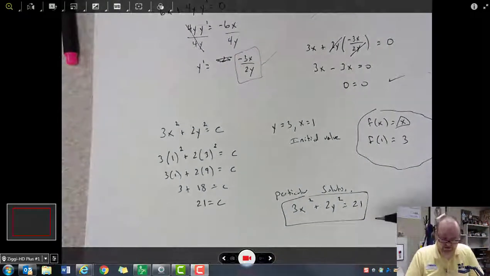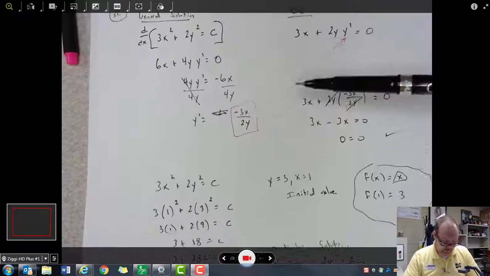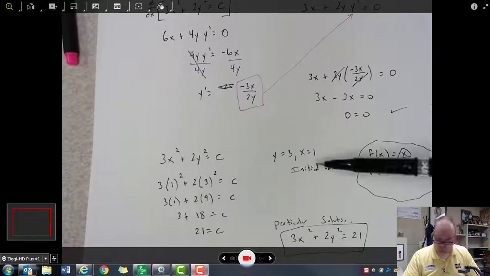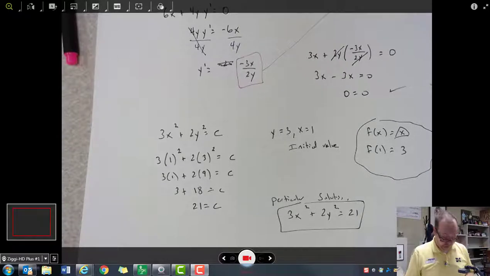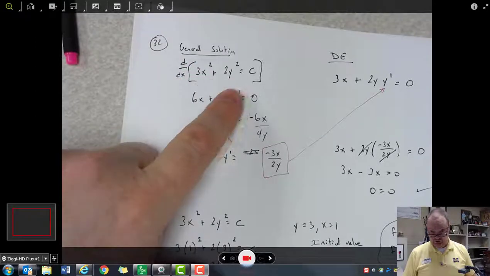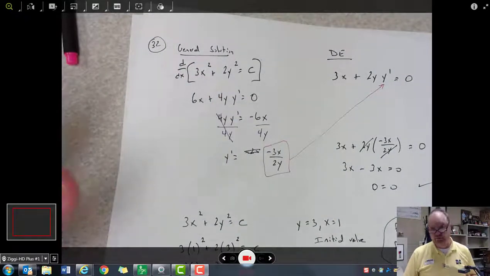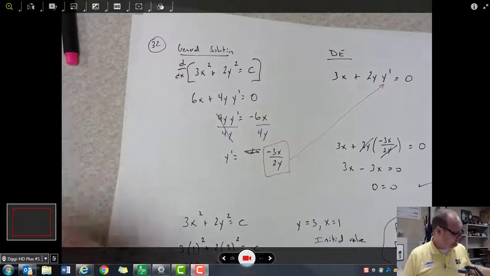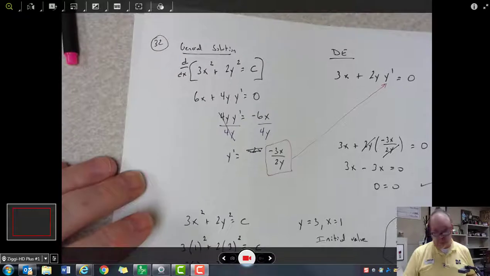Not only does that satisfy the original differential equation way back up here, but when I let these x and y values get plugged in, it gives me a 21. So a particular solution is what we call that, as opposed to a general solution. Okay, so in section 6.1, all you're doing is verifying solutions and being sure that they work. In 6.2, we're actually going to find some solutions of those things.